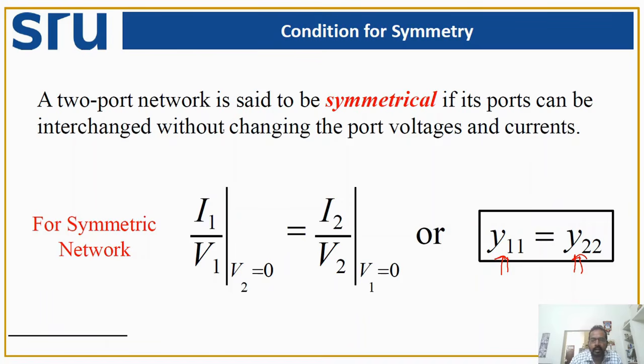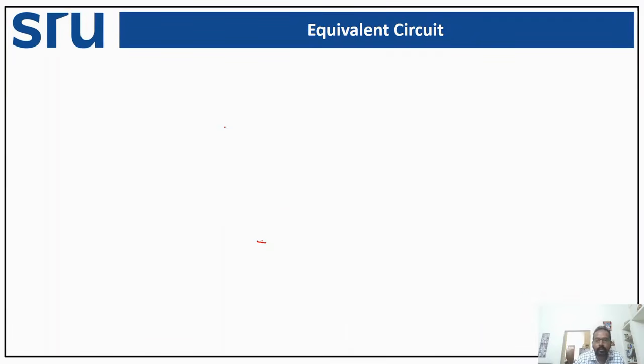Now let us draw the equivalent circuit for Y parameters. Before drawing the equivalent circuit, we shall recapitulate the Y parameter equations. That is, I1 is equal to Y11 V1 plus Y12 V2, and I2 equal to Y21 V1 plus Y22 V2.